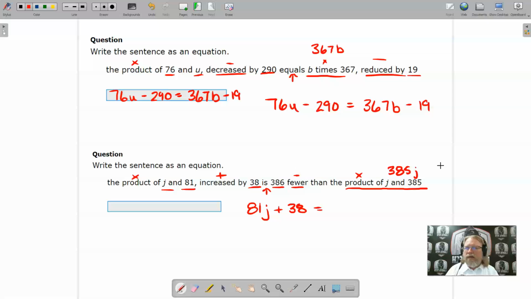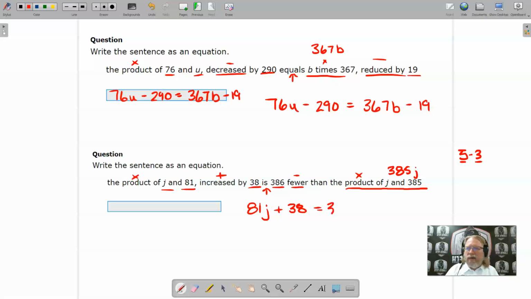Well, if I said, what is 3 fewer than 5, you would say, oh, 5 minus 3, right? Notice I say 3 first, 5 second, but we actually end up flipping it around whenever we translate it. We're taking away 386 from the product of j and 385.